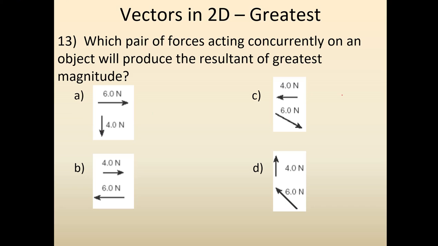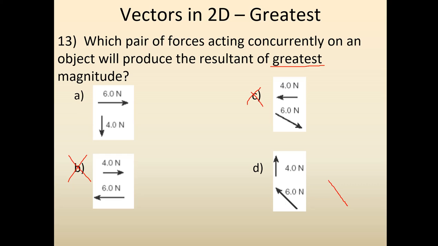All right, once again, they're looking for the greatest result. So I'm looking for the one where, again, they're pushing roughly in the same direction. B is in completely opposite directions. C is also sort of in opposite directions, not as bad as B. A is perpendicular, but if we look at D, they're both roughly pushing forward.